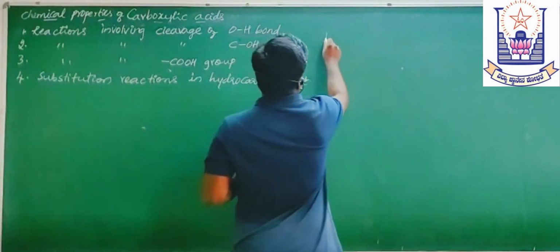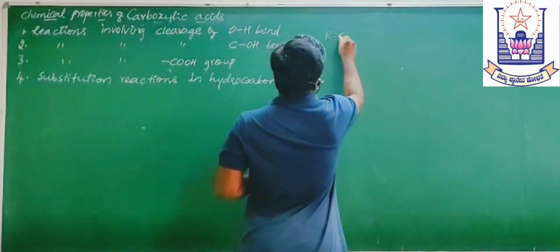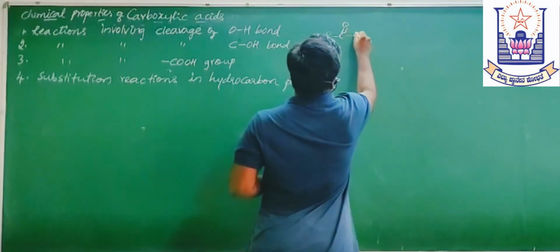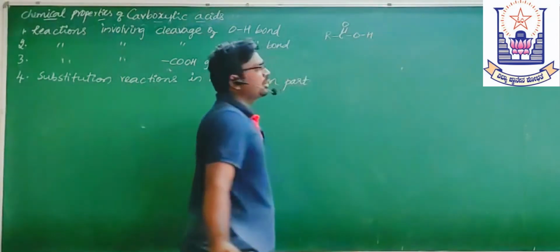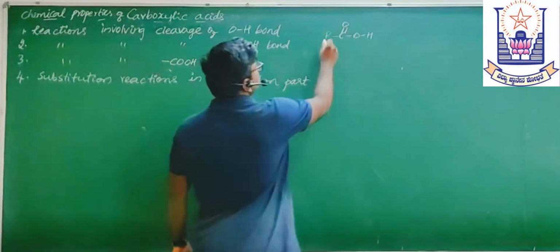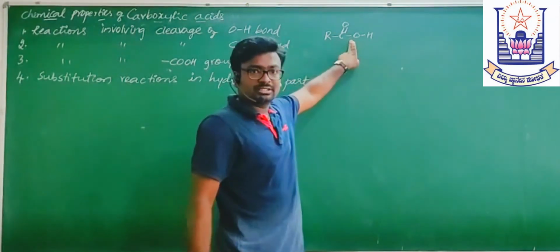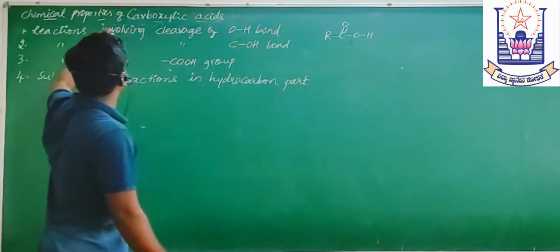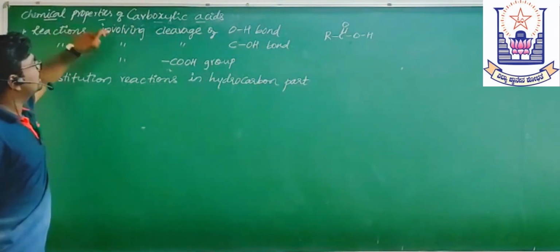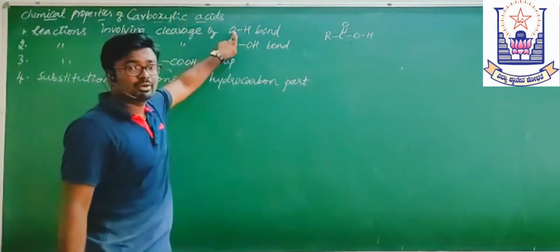If you consider the general formula of the carboxylic acid, this is the general formula. The first type of reaction is reactions involving cleavage of the OH bond.